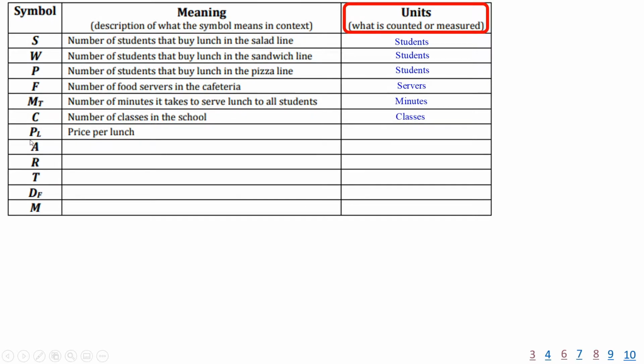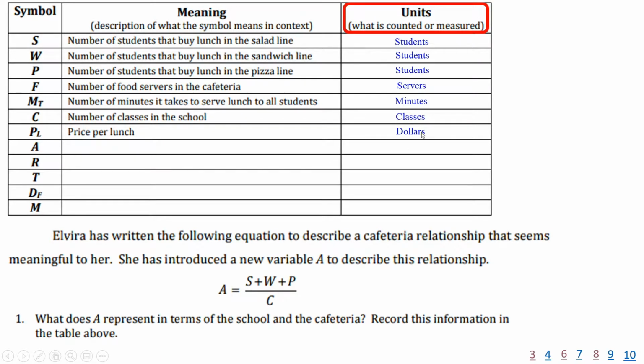And then P sub L, price per lunch. That makes sense. So what's being measured there? What's my unit of measure? All right, that's in dollars probably. Yeah, dollars.